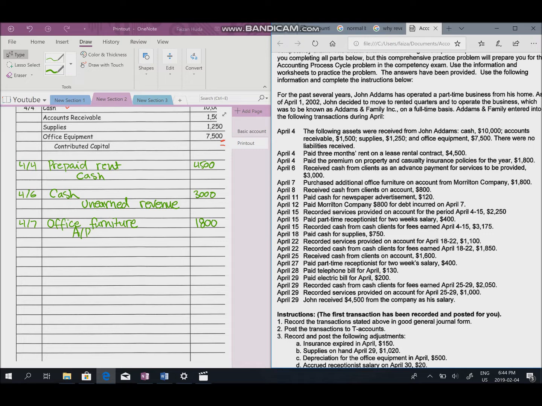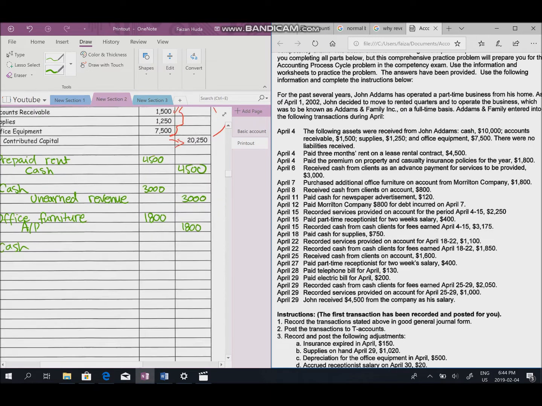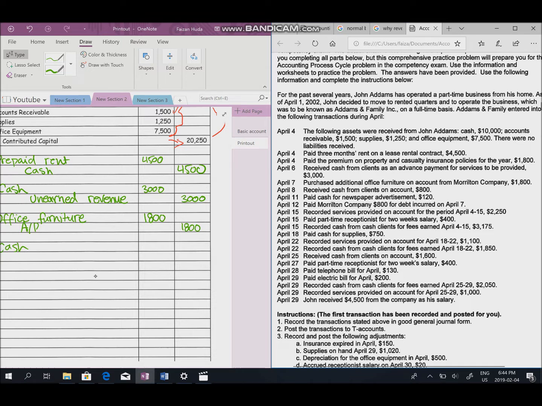So for the first part of the transaction, I'll write my date, which is April 8th. We received cash, so cash is debit. Debit always increases our cash, since cash is an asset account, and an asset account increases when it is debited. So we received cash from clients on account, $800, so $800 cash debit.